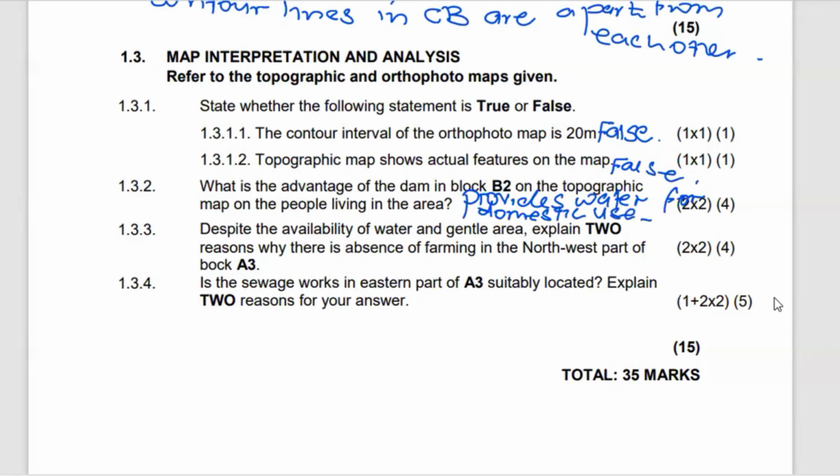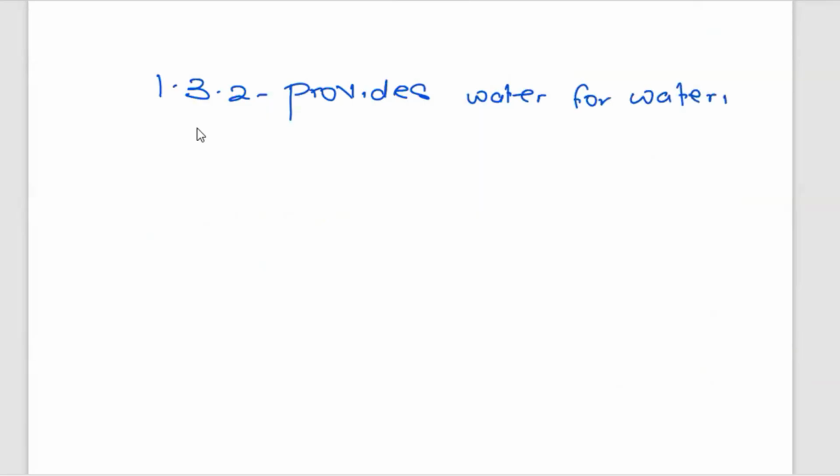It also provides, 1.3.2, water for watering crops or plants. Okay.